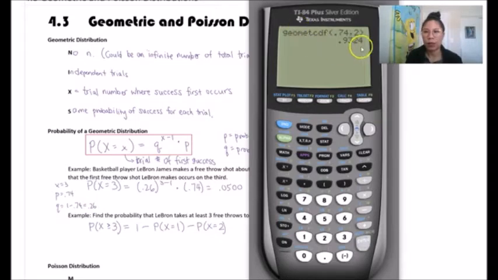When I find that probability, I get that. But remember, these are the numbers that we don't want, so we're going to subtract this from 1. So 1 minus the answer I just got will be the probability of him needing at least 3 tries in order to make his first shot.